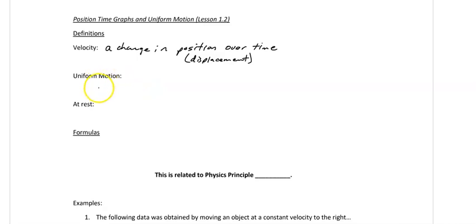Now, if something is moving in uniform motion, it is moving at a constant velocity, which means both magnitude and direction.